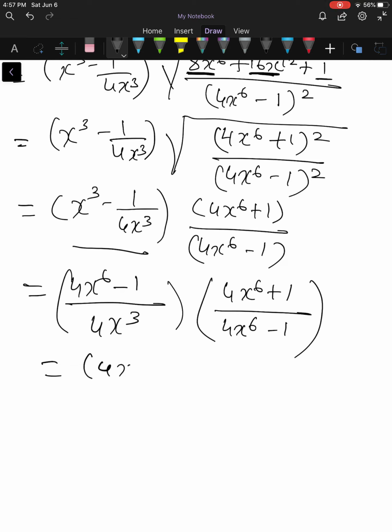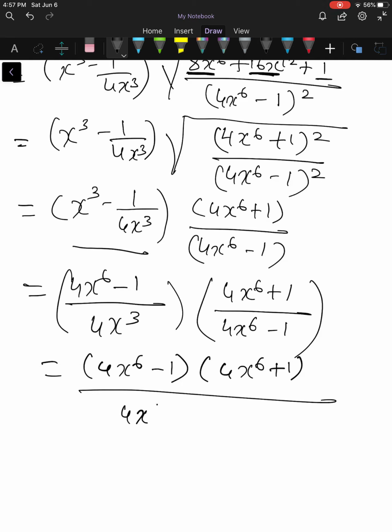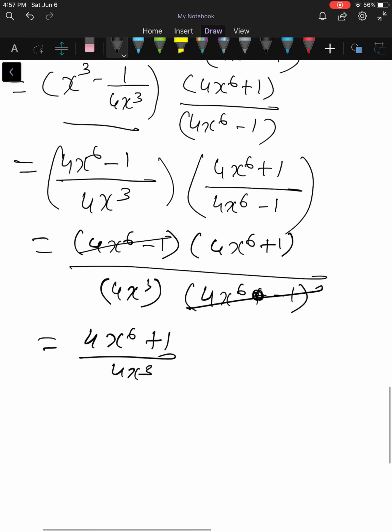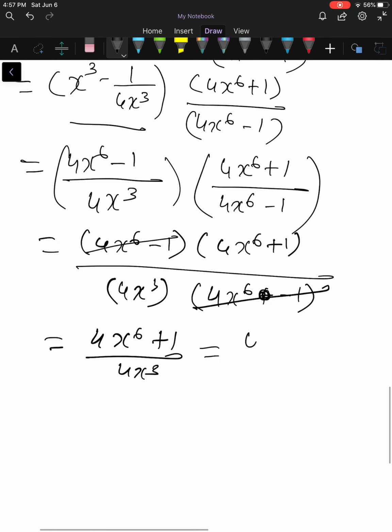Now multiply the rational expressions. 4x to the power of 6 minus 1 times 4x to the power of 6 plus 1 divided by 4x cube times 4x to the power of 6 minus 1. So you have common factors, cancel them out. You are left with 4x to the power of 6 plus 1 divided by 4x cube.